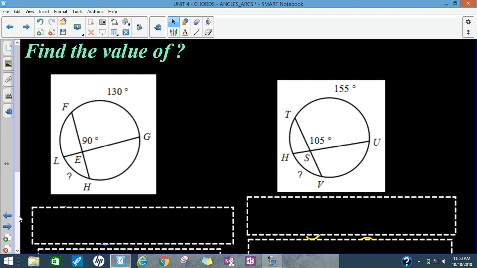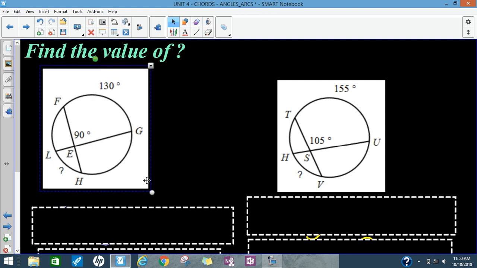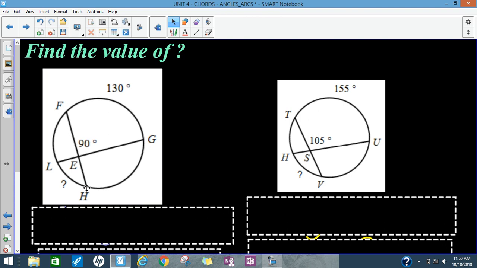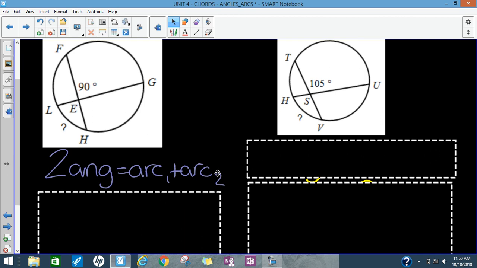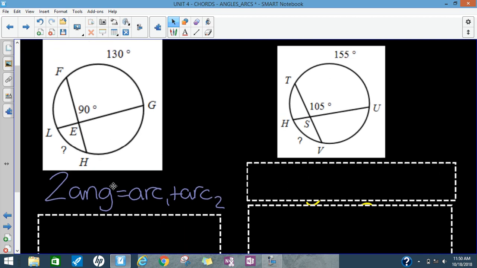The other way we might see these is if we know the angle, we know one of the arcs, and we want to find one of the missing arcs. So you can see question mark here is one of the arcs that I need to know. So I'm going to start always by writing the relationship, the equation, the formula. This time I know the angle, so I'll plug 90 in there.